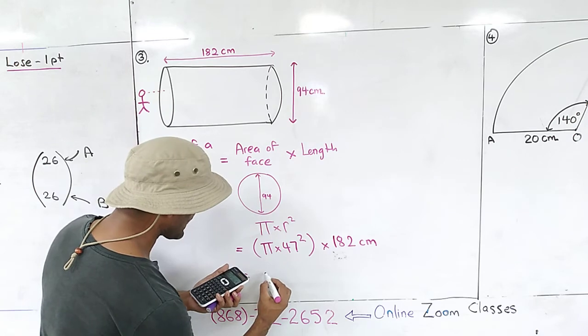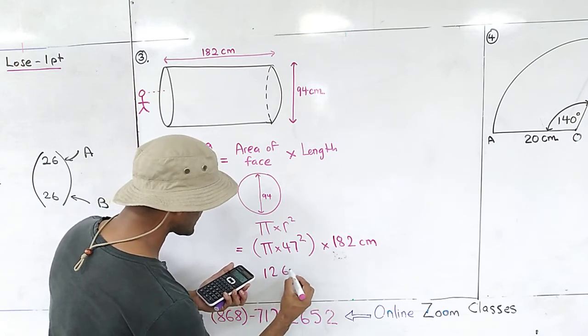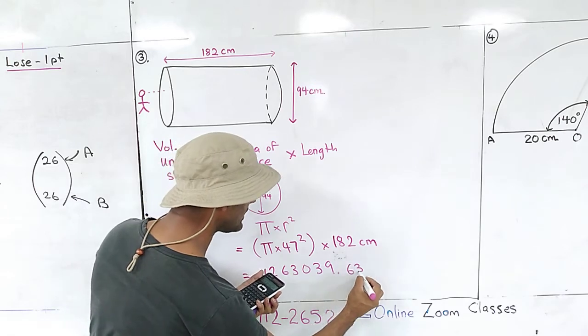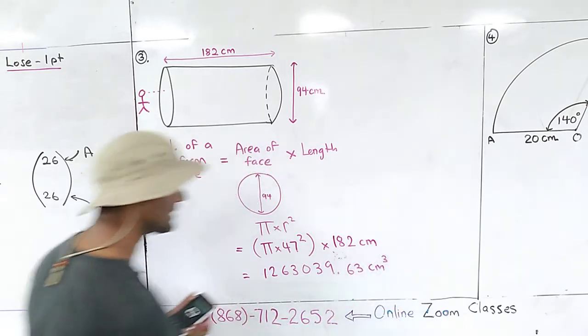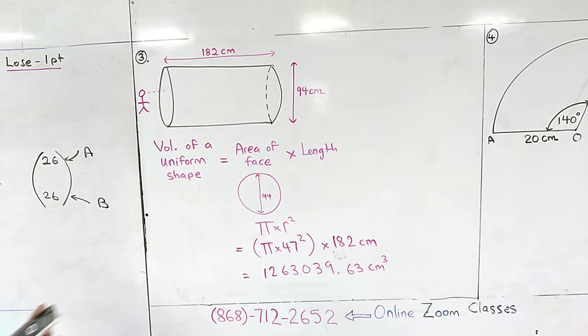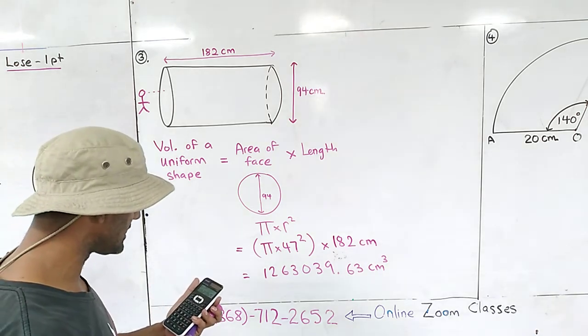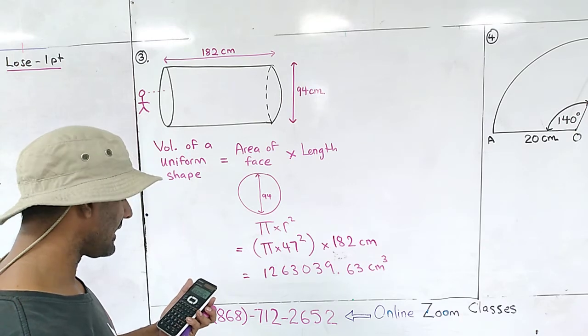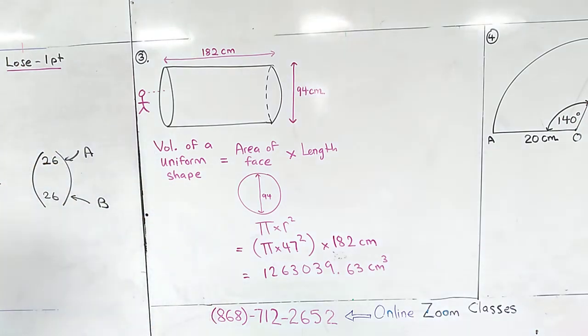And we get a really big answer. It's 1263039.63 centimeters cubed. Make sure you see it on the calculator and double check it. 1263.039. Yep. That there is the volume of the cylinder.